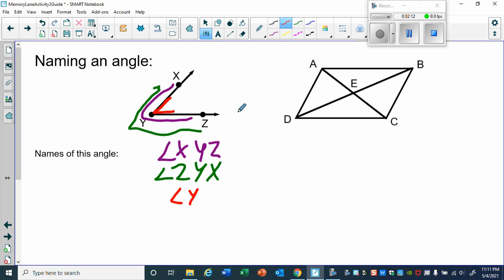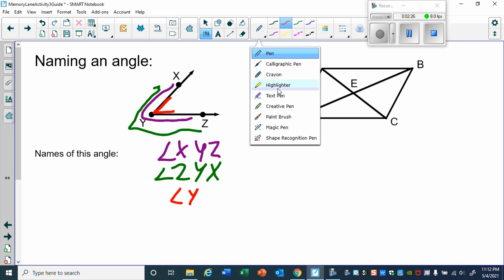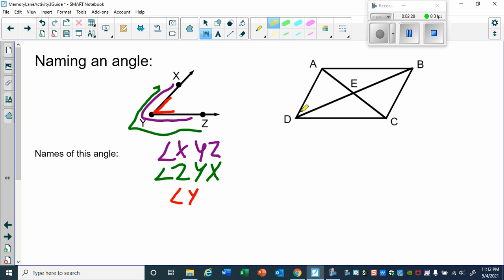Now, you may have this parallelogram, and I may tell you, determine the angle measure of such and such angle. But we need to identify the angles. So here, a highlighter might be important. Let's say, for instance, we highlight this angle here.